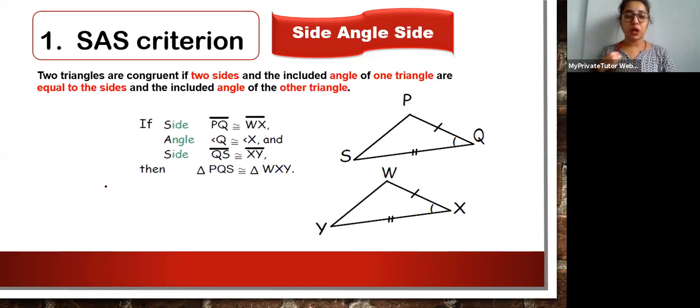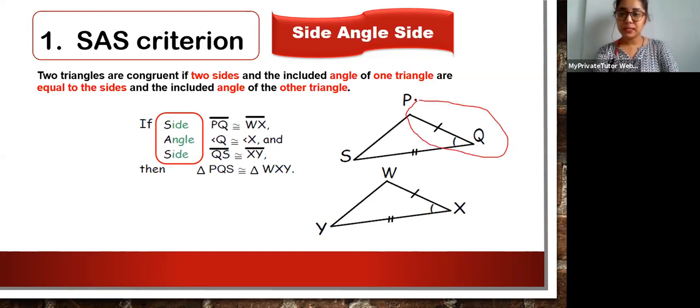Let's look at how. If we are talking about side angle side, let's see which one is the side and which one is the angle. So PQ, you can see that they have given us that PQ is congruent to WX. If you see angle Q and angle X, they are given as congruent.